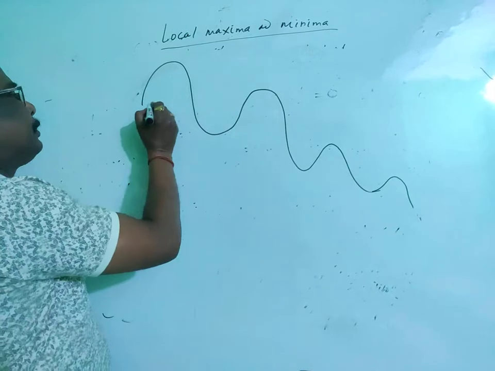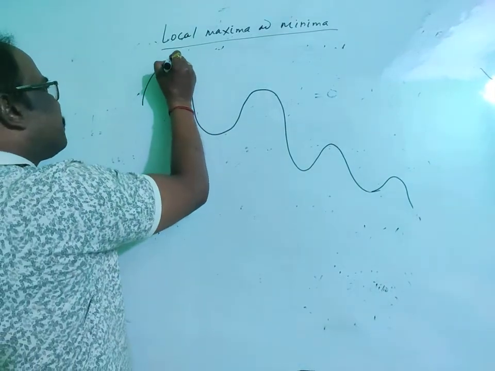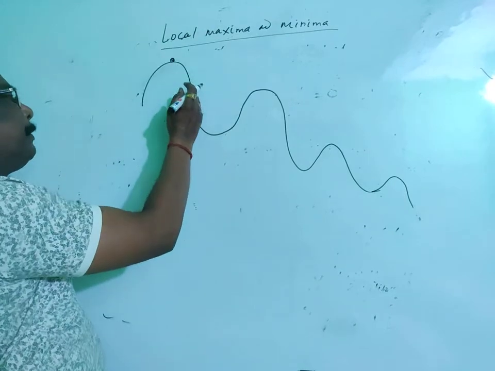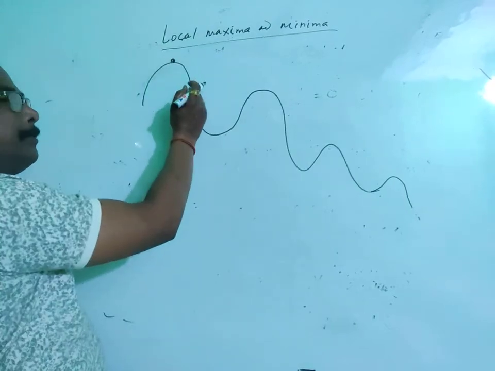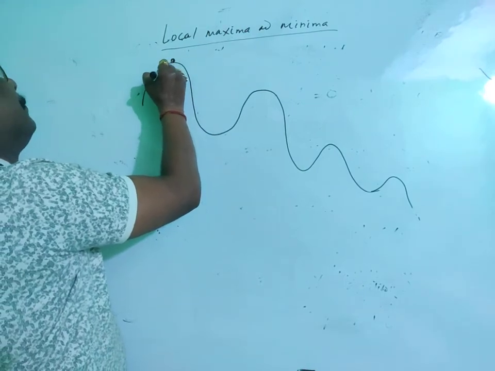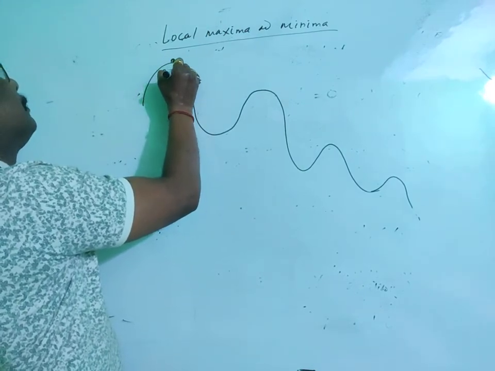Okay. See, as we have discussed, if a body is placed here, on top of this curved surface, then here potential energy is maximum.